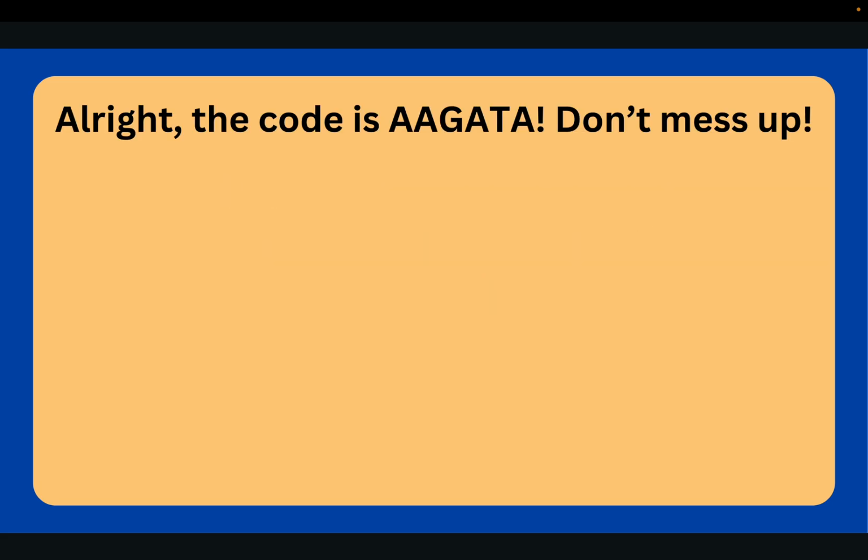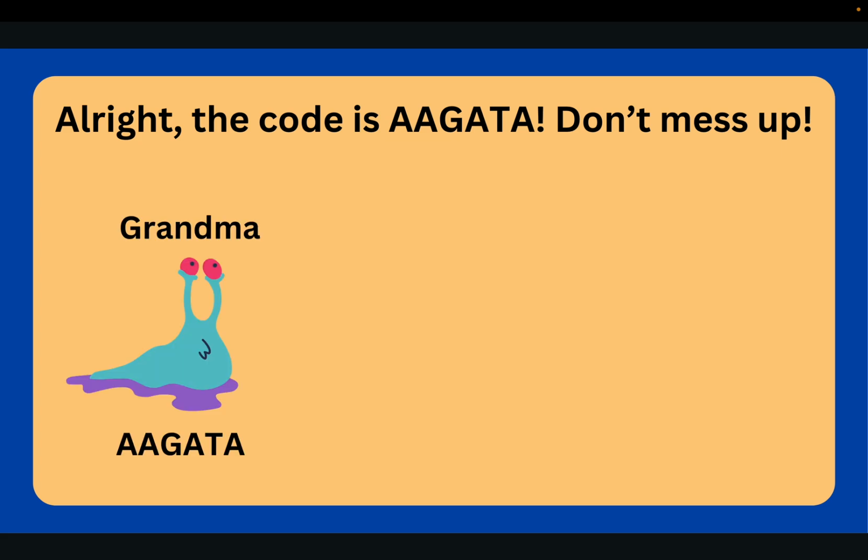All right, the code. So let's pretend that you are an asexually reproducing alien slug thing, okay? And this is your grandma. And grandma had this particular code, AAGATA, and this code determined her slime color, her skin color, if you will, and that was blue. So this is grandma's code, AAGATA.